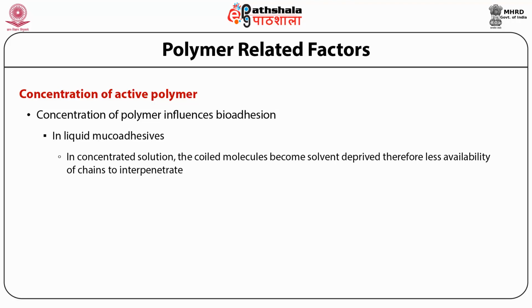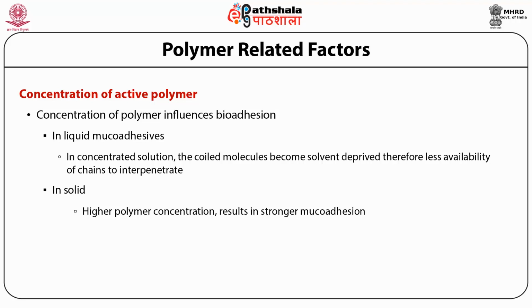In a concentrated solution, the coiled molecules become solvent deprived and the availability of chains to interpenetrate with the mucosal surface becomes less. This result is mainly applicable to liquid mucoadhesive formulations. However, for solid dosage forms such as tablets, higher polymer concentrations usually result in stronger mucoadhesion.